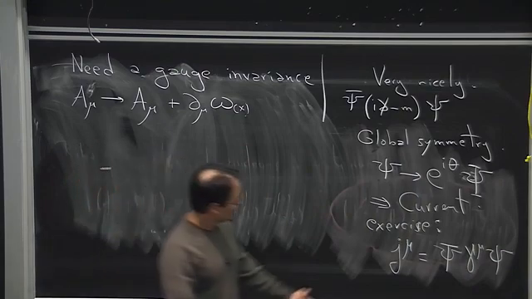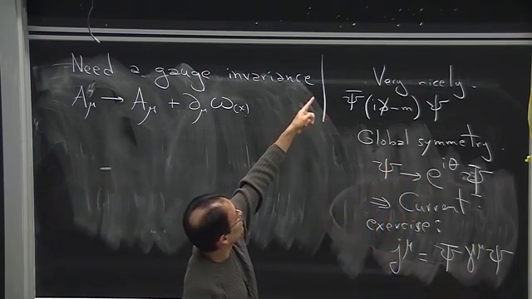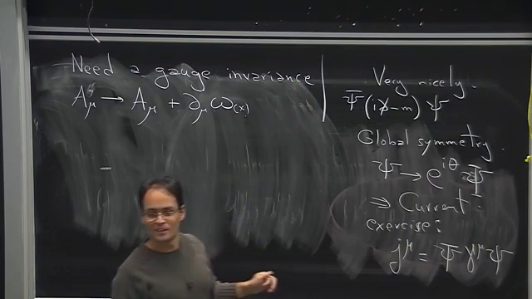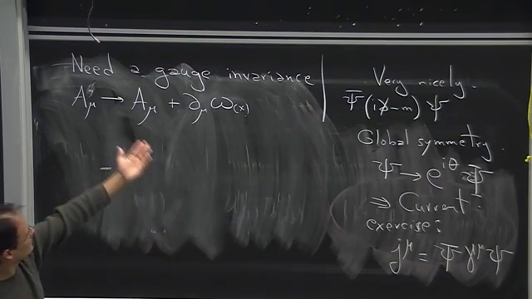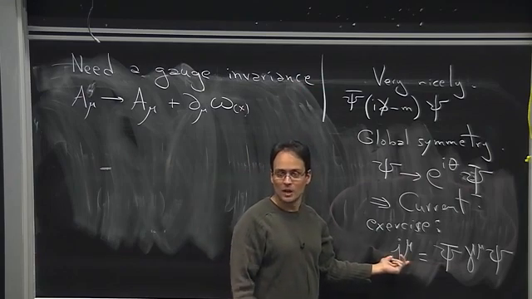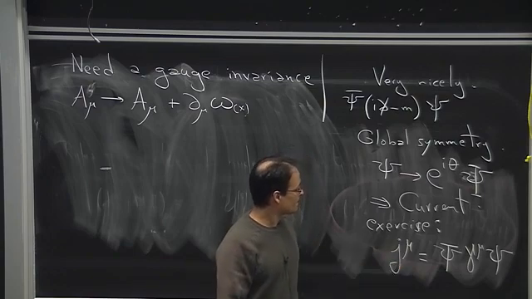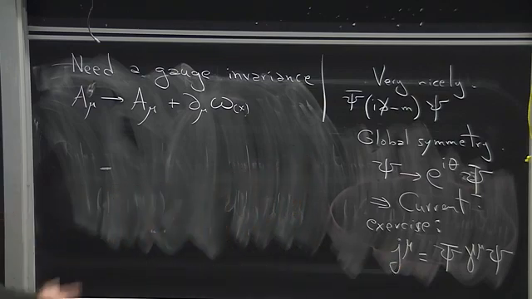Isn't that nice? Isn't this exactly the object that we are coupling to the gauge field? So somehow the gauge field is coupling to J, to a conserved current. So that's precisely one of the consistency conditions that we have to impose. Okay, and this is a general feature.